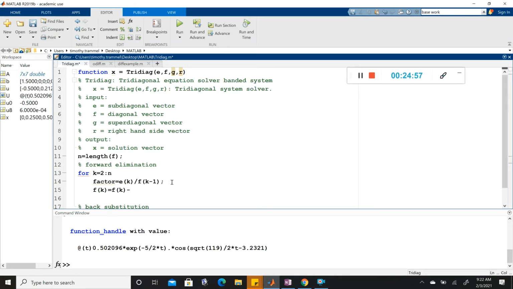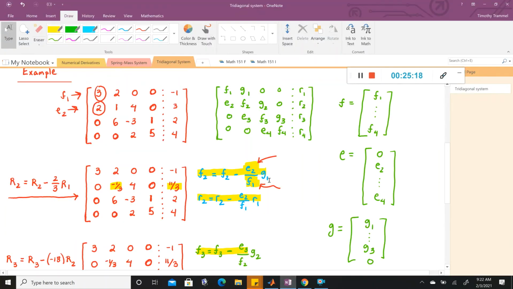The question is, in what way are we going to change F of k? Well, we're going to take F of k, and then we're going to subtract the factor times, remember, the thing above it is G. The thing that's going to come from the previous row when we're thinking about, say, F2 is going to be G1.